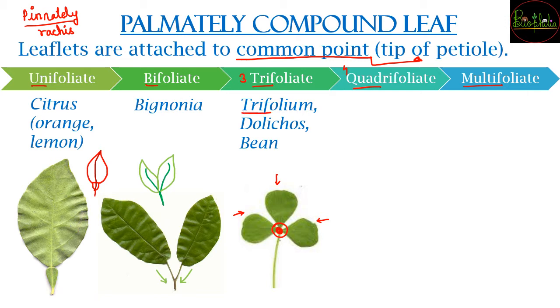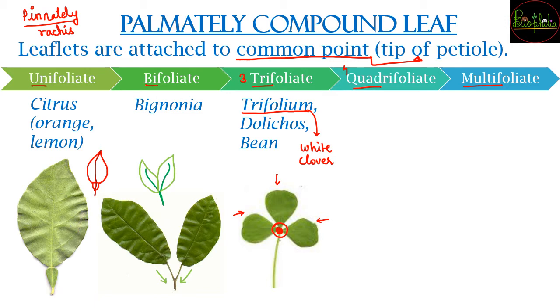Trifolium is also called white clover. So white clover, in foreign countries or even in India, you can find this particular grass, and it is said to be lucky to find a four-leaved clover.